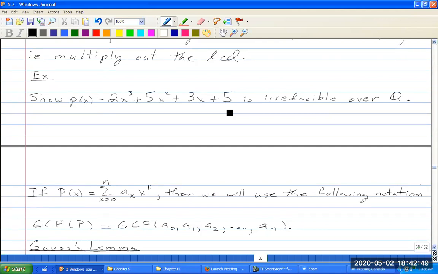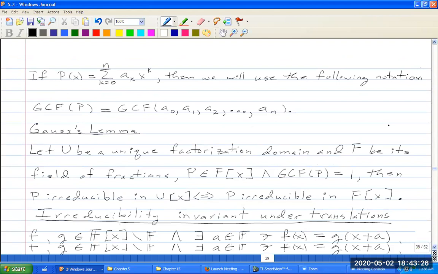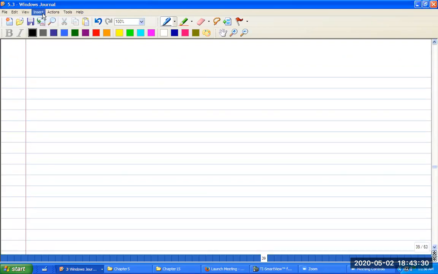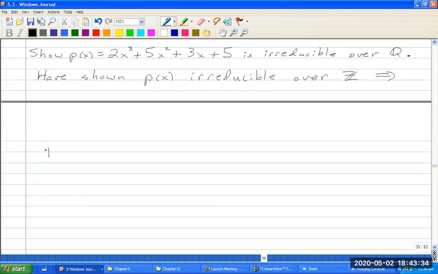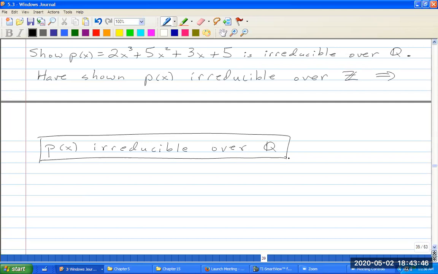Well, we showed that like 5 minutes ago, that this was irreducible, and so by Gauss's lemma, I know that this is irreducible over the rational numbers. Okay.